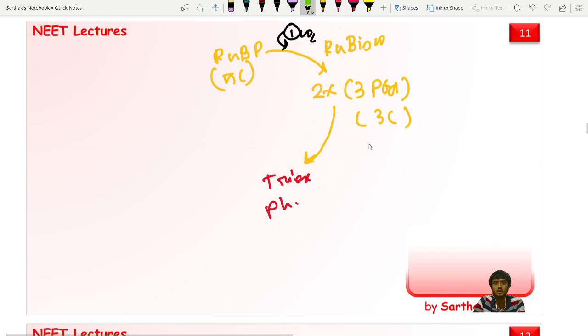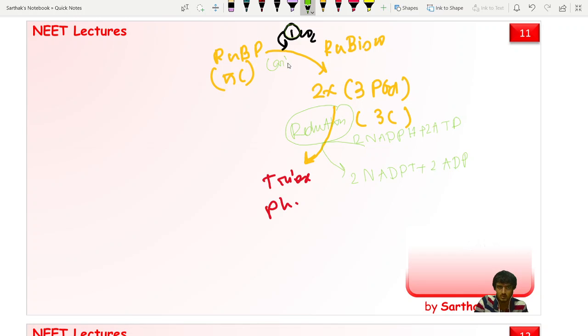While converting into triose phosphate, 2 NADPH plus 2 ATP is converting into 2 NADP plus 2 ADP. Why? Because I have told you that for 1 CO2 fixed, in case of the reduction process, this is reduction here, and the first step is carboxylation.